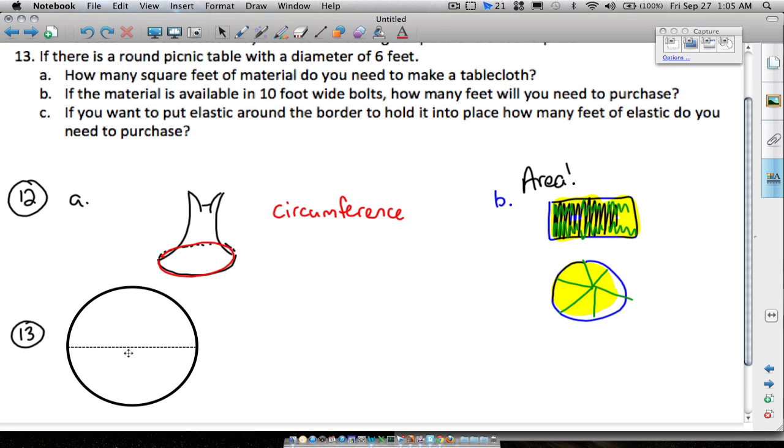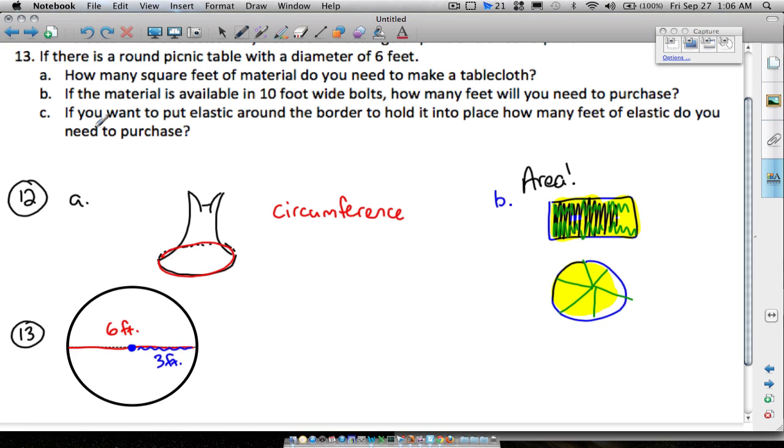I'm not even reading the rest of the problem, and I'm going to go ahead and start writing some numbers down. 6 feet is the distance across this circle. With that in mind, I'm going to talk about the radius before I read any more of the problem. If that's the center of the circle, that means the radius is going to be 3 feet.